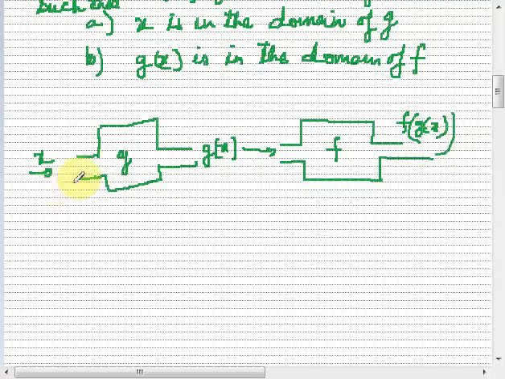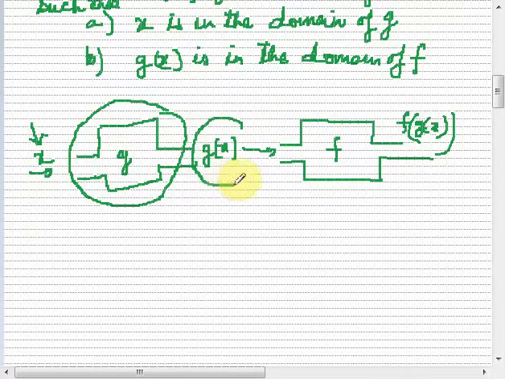So the domain of this machine is x. And the domain of this machine is this one, that is, f exists at the points at which g(x) is defined. So x is in the domain of g and g(x) is in the domain of f. I will give an example to make you understand the meaning of this.